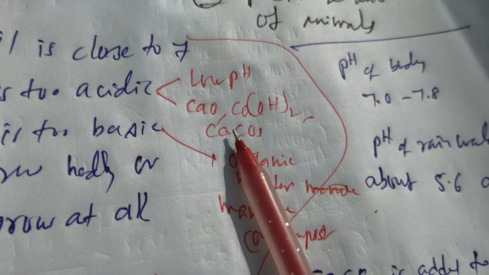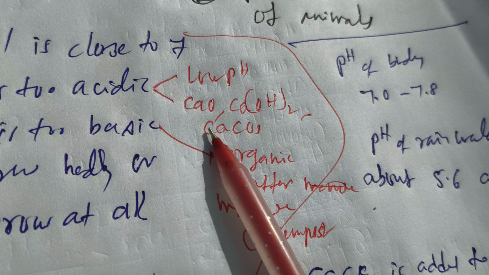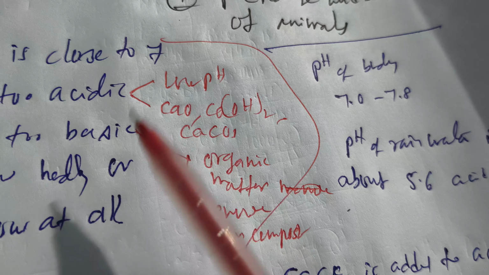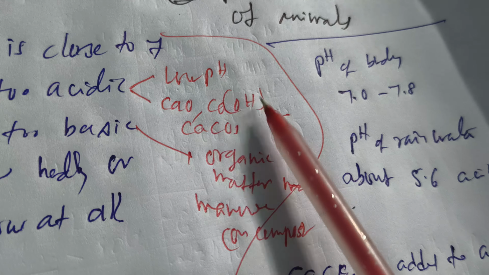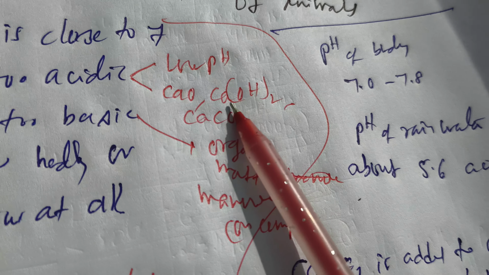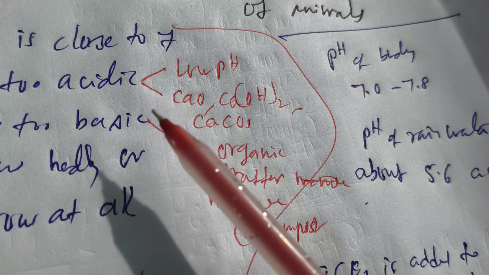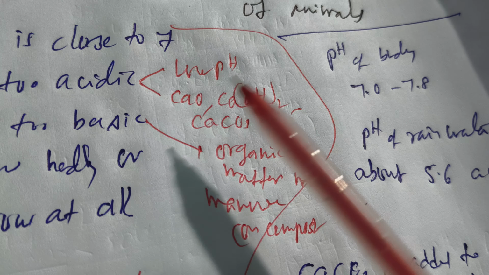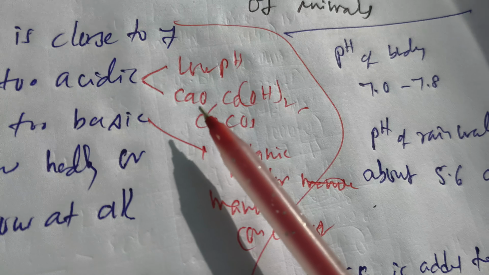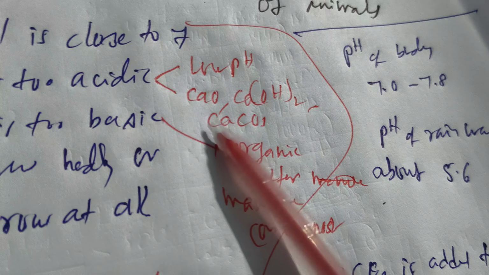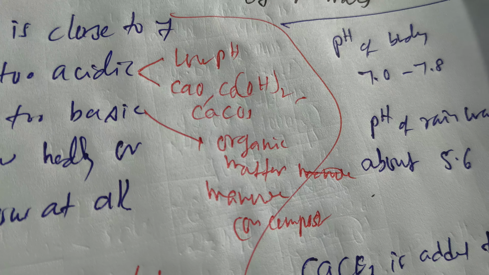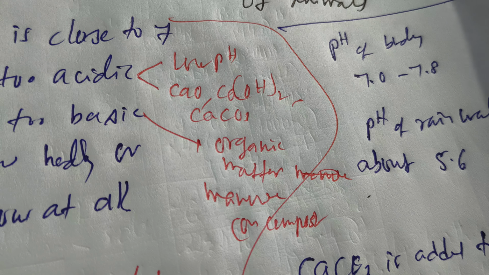So calcium oxide, calcium hydroxide, and calcium carbonate are basic in nature. When we mix these with the soil, the acidity of the soil is reduced, raising the pH up to 7. So the soil pH is also affected by using chemical fertilizers in the fields.